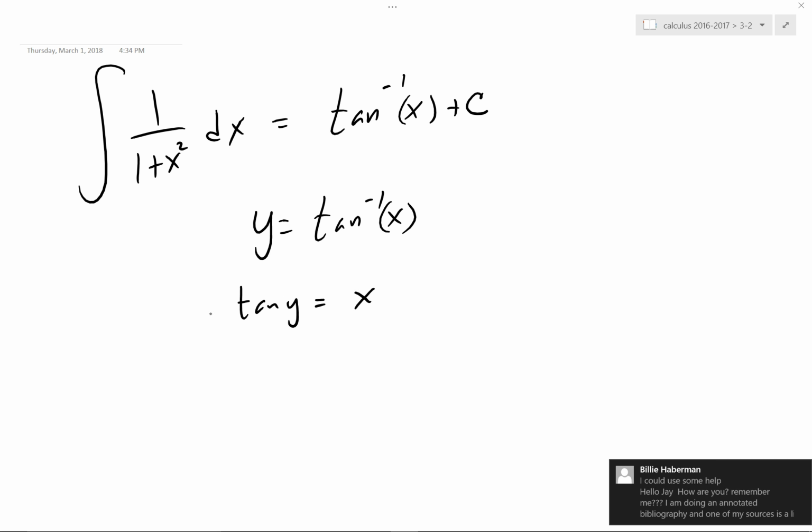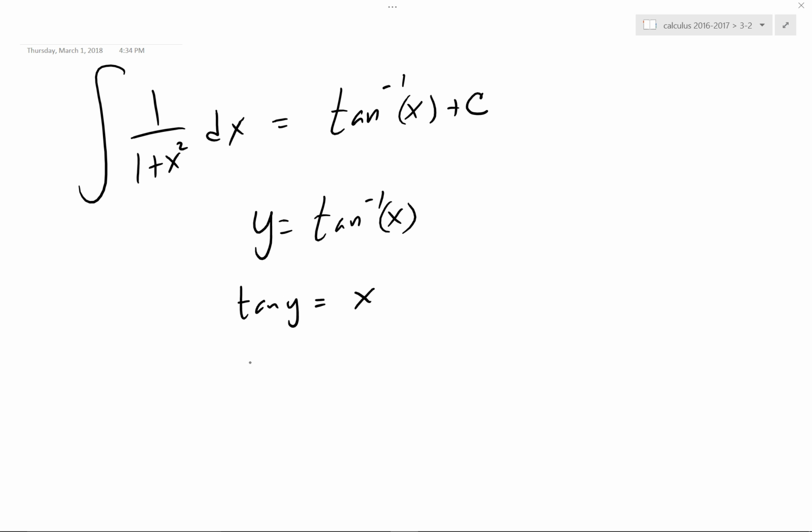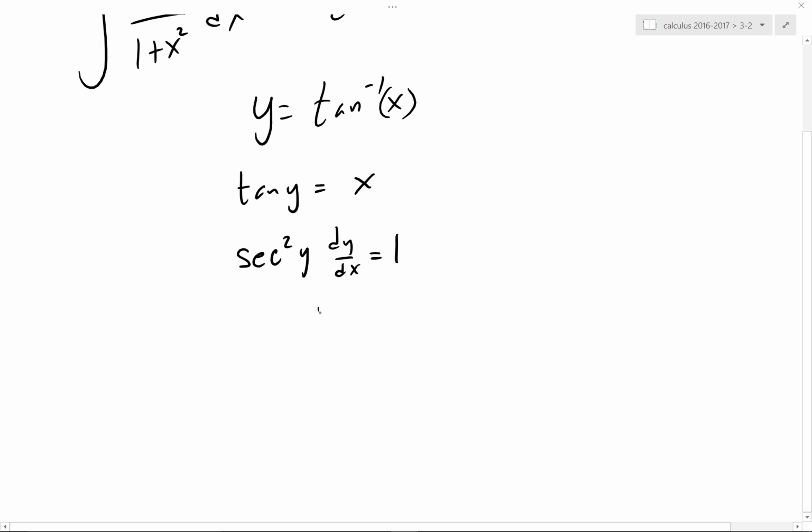And so the derivative of tangent of y is secant squared of y dy dx is equal to 1, right? So then dy dx is equal to 1 over the secant squared of y, which is really just the cosine squared of y, right?